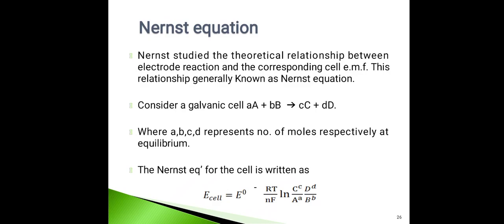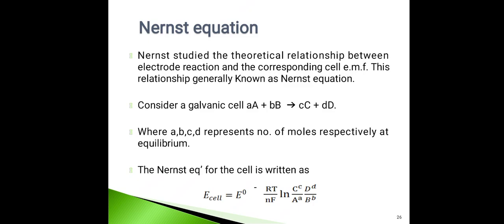What does Nernst equation mean? The Nernst equation is the theoretical relationship between electrode reaction and the corresponding cell EMF. The Nernst equation is generally used in the case of cells like a galvanic cell.